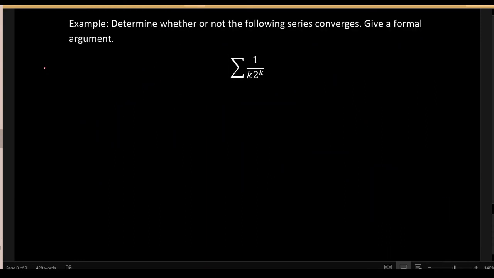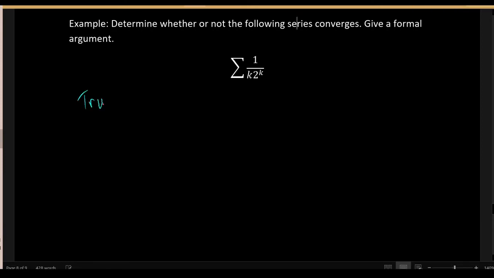Now, although I do love the limit comparison test, and I prefer it greatly to the direct comparison test, there are some occasions where limit comparison is not going to be the test that you want to solve the problem. So for example here, determine whether or not the following series converges, and let's give a formal argument.